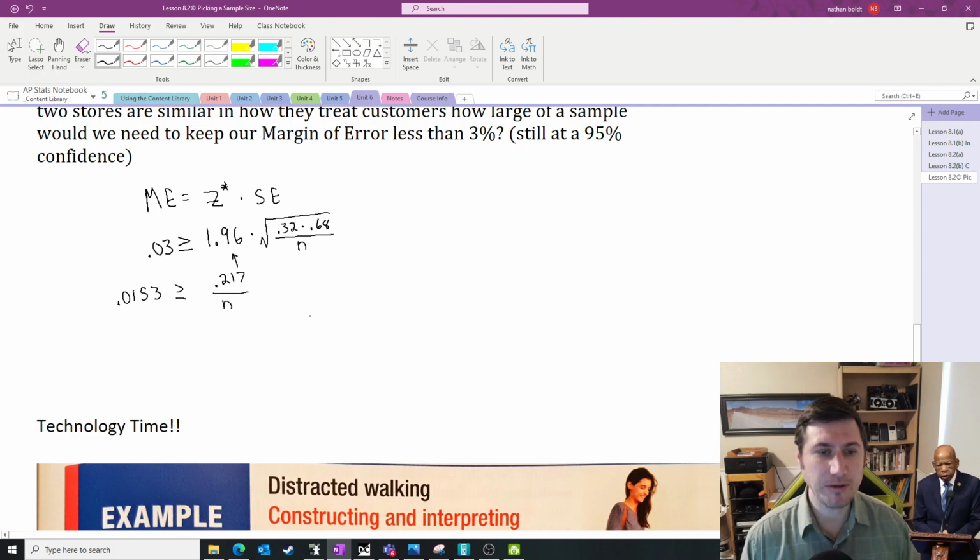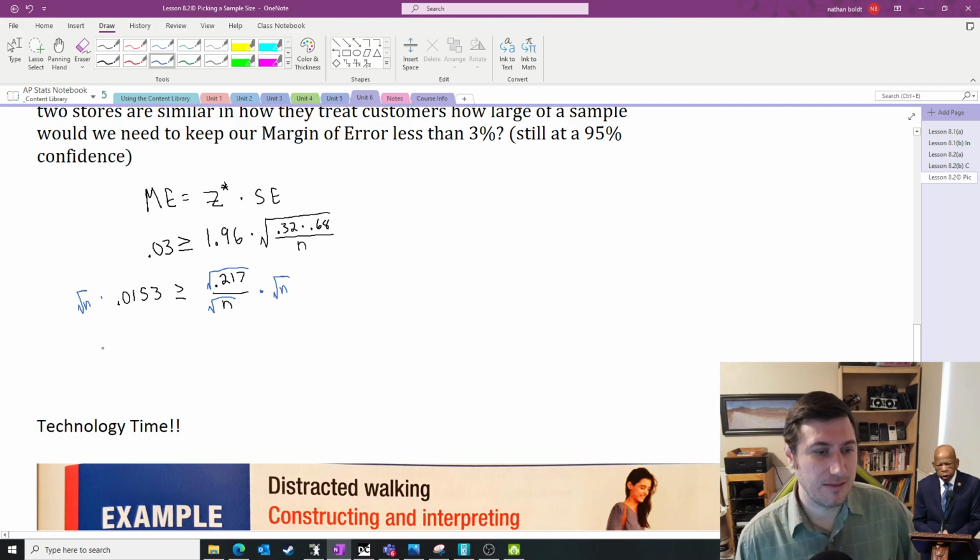All right, I'm actually going to do a little fancy algebra here. I'm going to break up that square root. It's the square root of a fraction, which means I can take the square root of the top and the square root of the bottom. And so I think right now I'm just going to multiply by the square root of n to both sides. That gets rid of that. And then I'll have the square root of n.